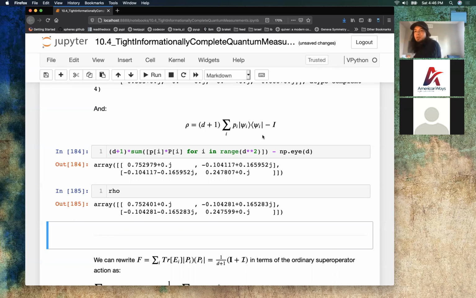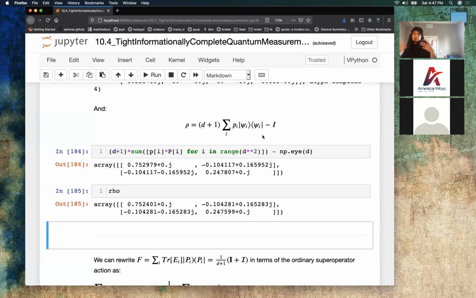Take your inner products with the duals, and they turn out to weight the elements in the reconstruction of the state. Tight operator frames were cool because the elements and the duals were proportional to each other. So you didn't even have to worry about the duals. Basically, you could just take the inner product with the elements, and then those turned out to weight the elements, sum over it, get back your operator.